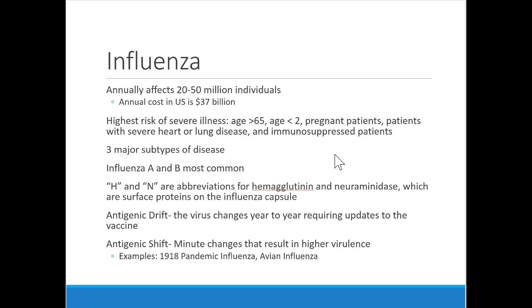And every once in a while, like when the H1N1 was a big deal a few years ago, they actually came out with a separate vaccine for that subtype because they thought it was going to be such a big outbreak. And there were some issues with it, but it wasn't as big as it could have been, in part because they had an additional vaccine they created just for that one that they missed in the prediction of what strains were going to come to the U.S.